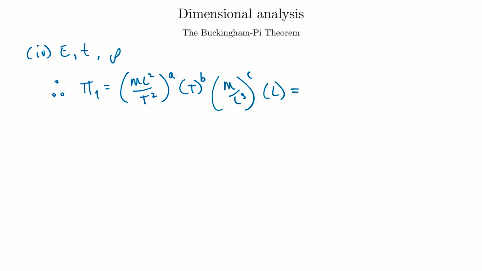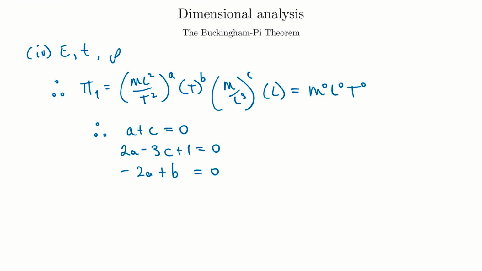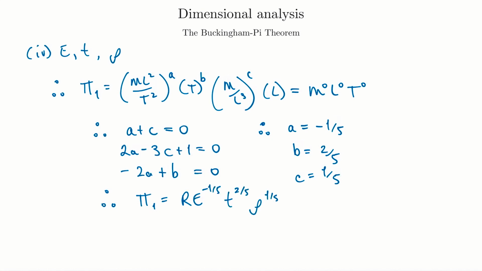So our pi 1, our single dimensionless grouping, we take the dimensions, give them an exponent, and then equate that to our dimensionless M to the 0, L to the 0, T to the 0. Now we have our algebraic equations. We solve those. So here's our final parameter. We only have the 1. In that case, we say it's equal to a constant.